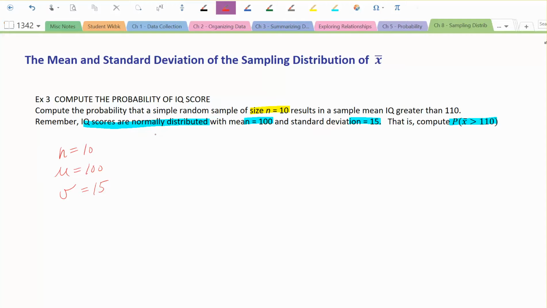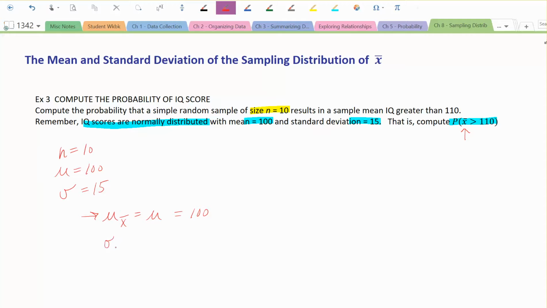If we know we're looking at a normal distribution and we are asking a question about the sample, then that tells us that the mean of the sample is equal to the mean of the population. In other words, the mean I'm going to use in this problem has to be 100. The next thing I need is the standard deviation of the sample.